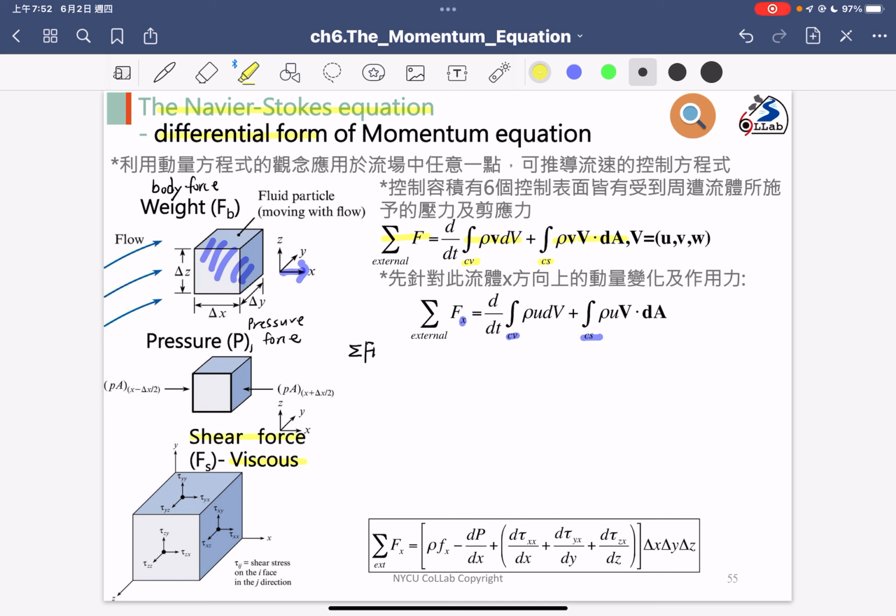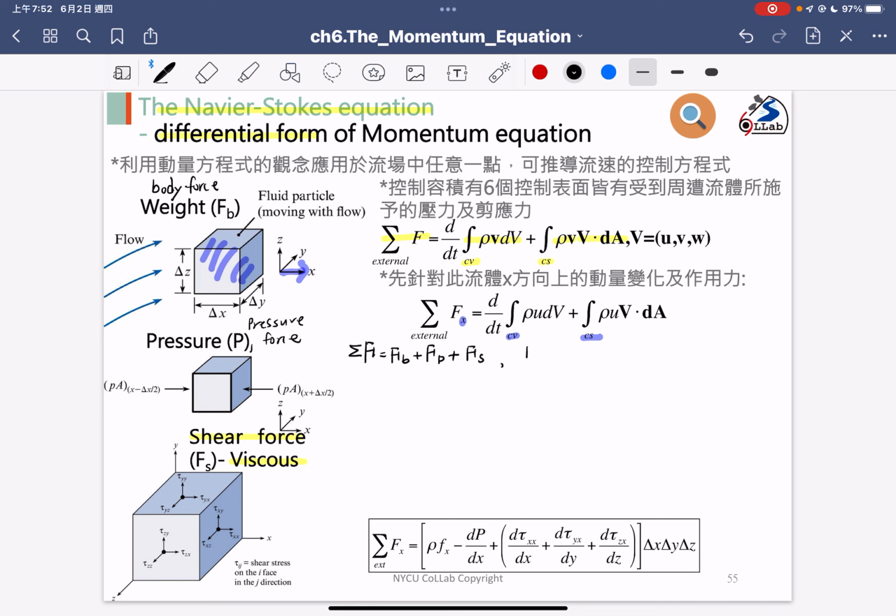So in total we have the body force, the pressure force, and the final shear force contributed by the shear stress.